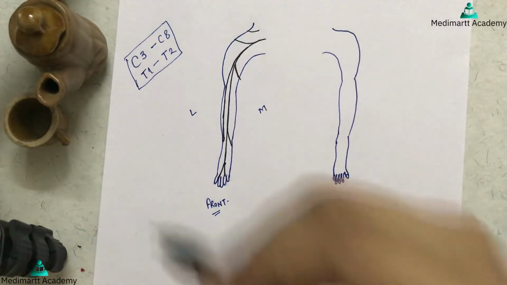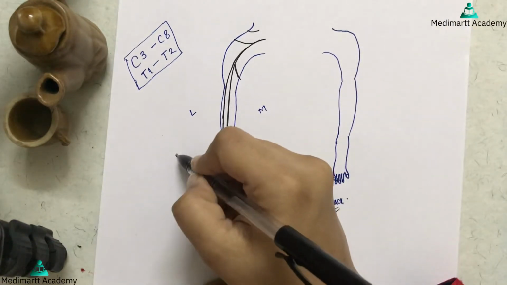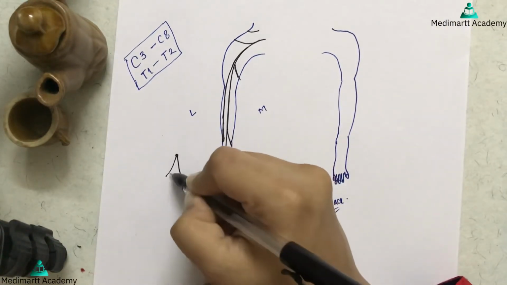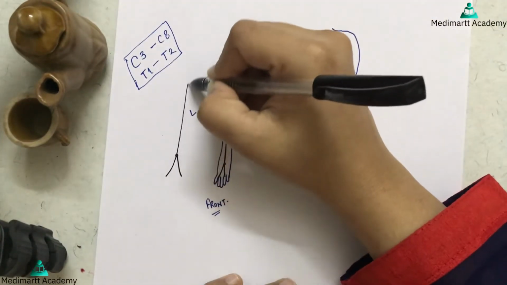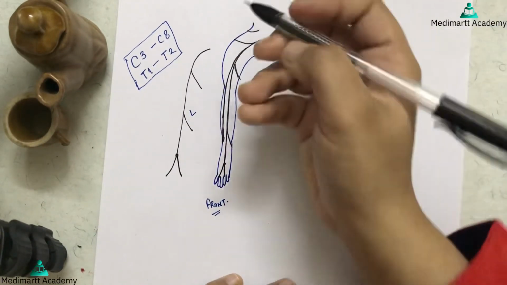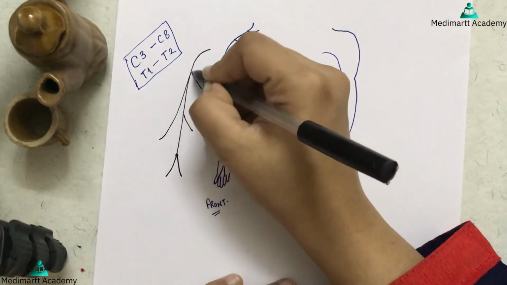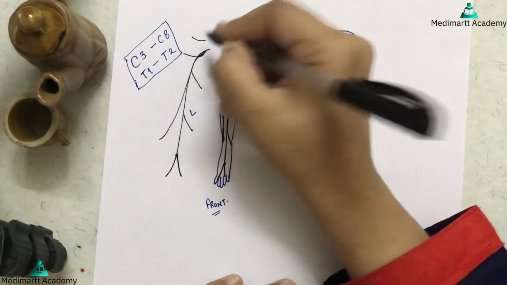I'm again telling you what I did. I took a point near the wrist, marking one at the thumb, one at the midpoint of the ring finger. Then you will draw like this. Then you have to draw two lines over here. One line joining it, one line in this part, and one this.